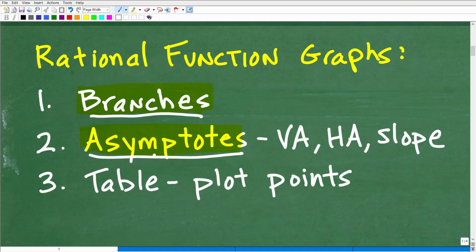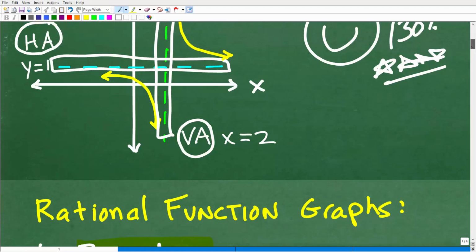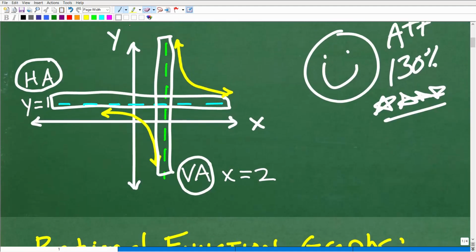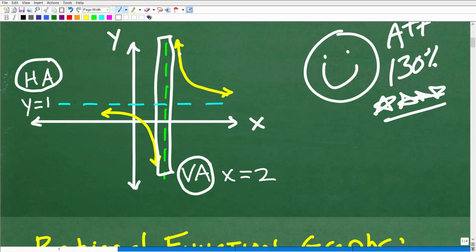Now, an asymptote is a line. Right here, let me hone in, so we can see our horizontal asymptote. An asymptote is a line that the graph approaches. You can see this branch of the graph approaching this line y equals 1, but it's never going to cross it or touch it. It's going to get infinitely close to it, but it's never going to cross over it.